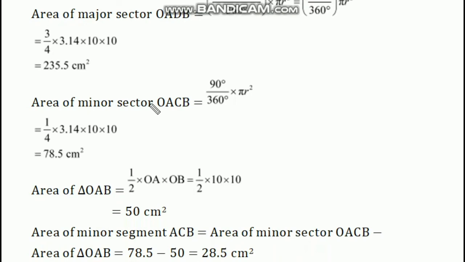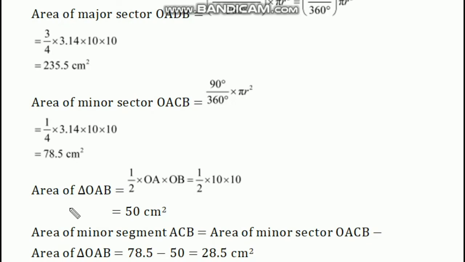Area of minor sector OACB equals 90 divided by 360 into pi r square. So we know the angle is 90 degrees. Then if you substitute the value of r, 10 into 10, after simplification we get 78.5 centimeter square.